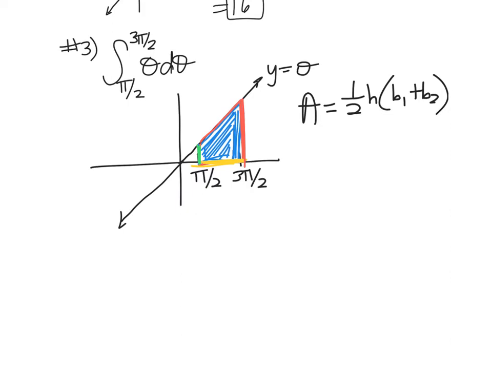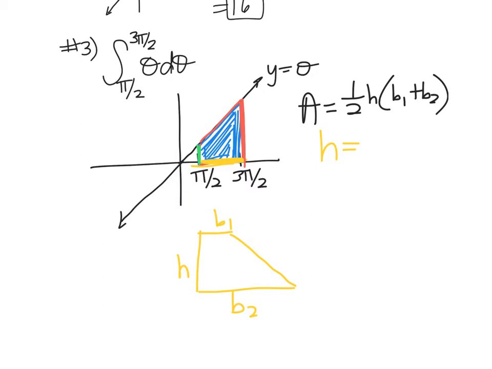This right here is the height for a trapezoid. So a trapezoid would be like, here's the height, this is base 1, this is base 2. This is H, B1, B2. What if it is tilted like that?